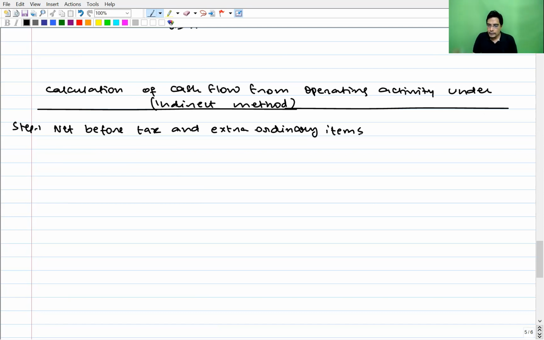Net profit before tax and extraordinary items, that we have to calculate in a working note. This calculation we will do in working note 1.